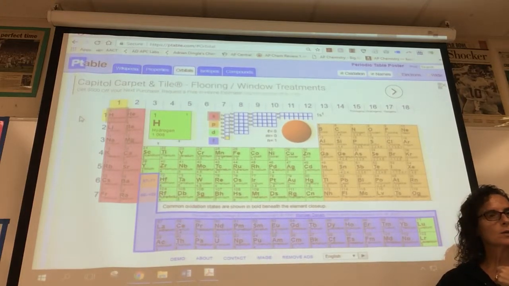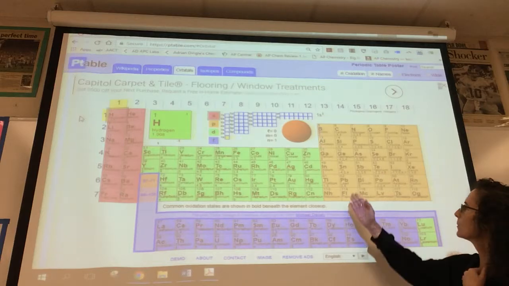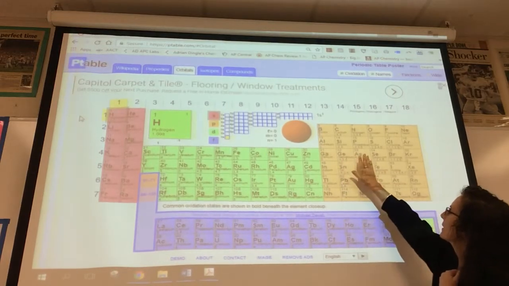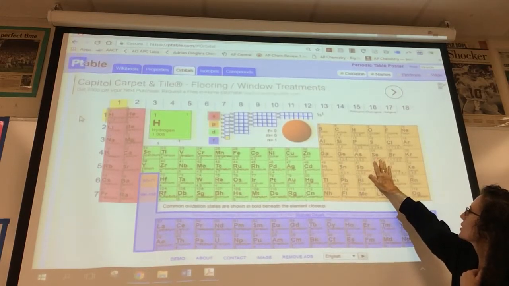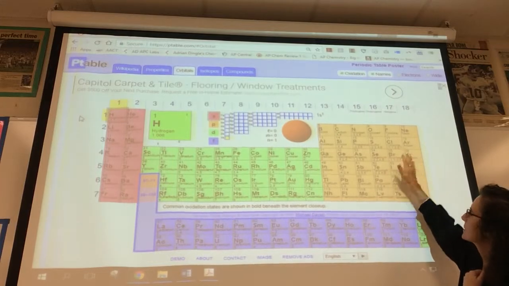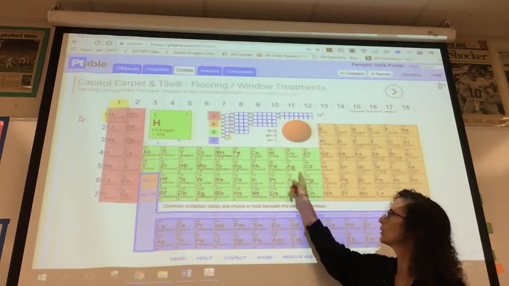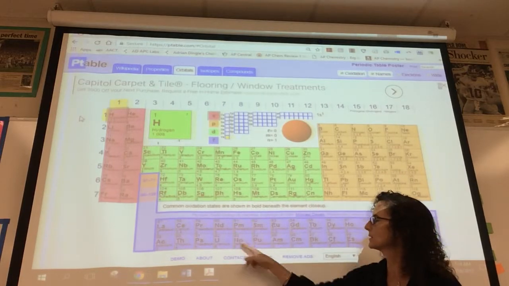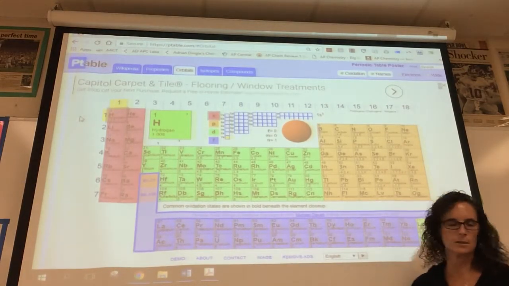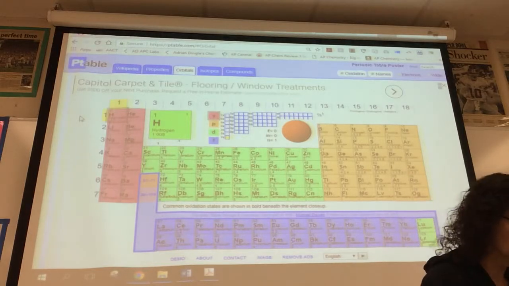We're going to continue with our main group or representative elements today: the carbon family, the pnictogen family, the chalcogen family, the halogens, and the noble gases. And then we'll close with a brief overview of the transition elements as well as the inner transition elements, which are not main group elements.